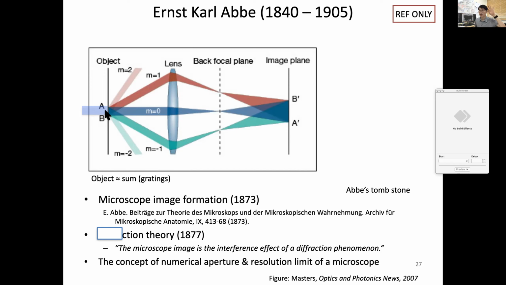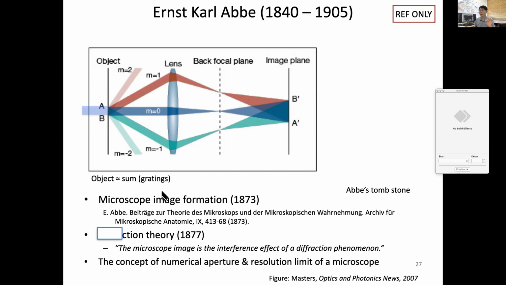Those come from fine features, and you cannot reproduce fine features in your image plane. That's why we cannot image objects that are too tiny, in fact tinier than the wavelength of light in general, in our image plane.